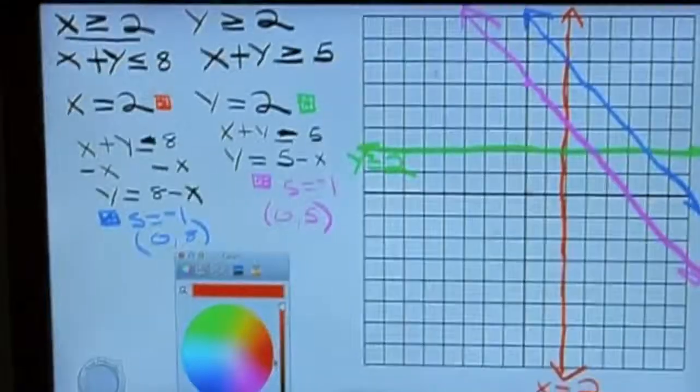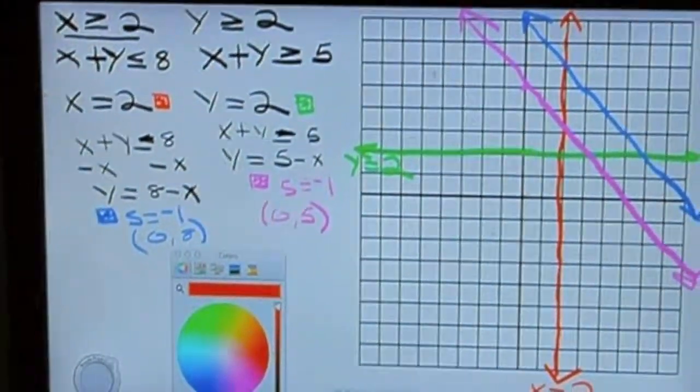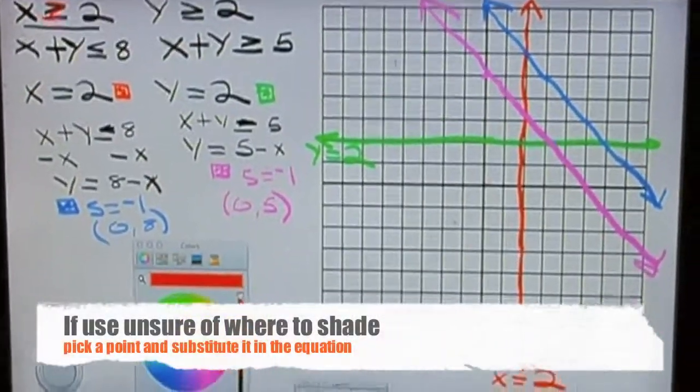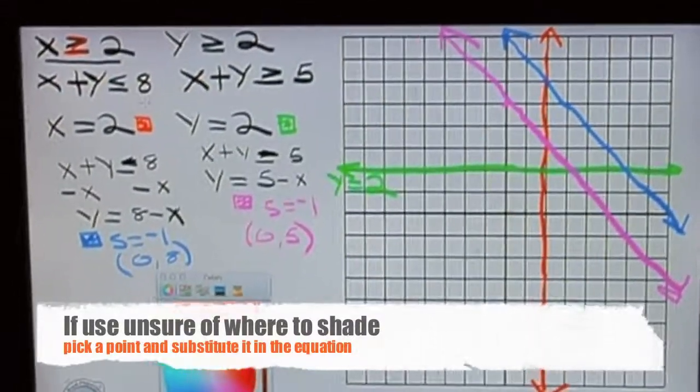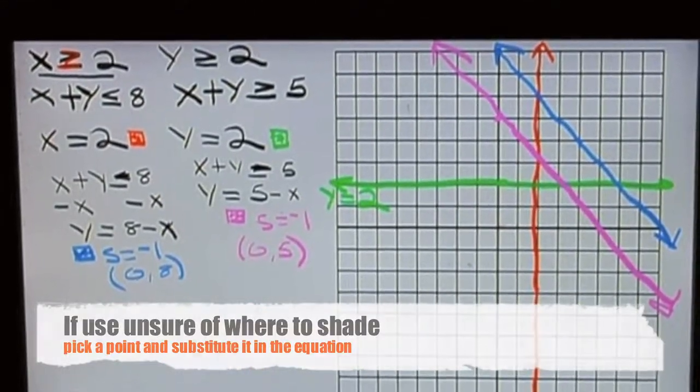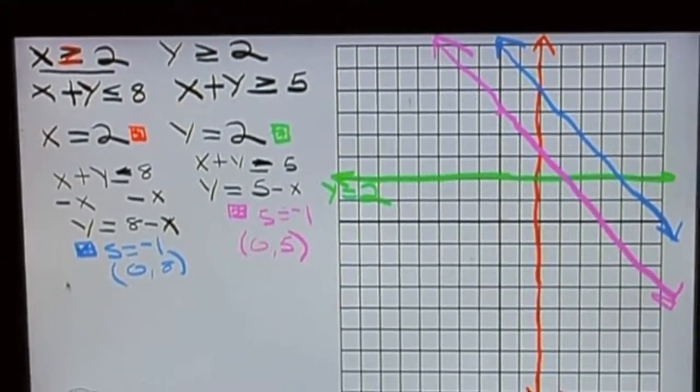Okay, for the equations that we have, such as x equals 2, you have to really go back to the beginning, x is greater than or equal to 2, and you pick a number that is on your graph. I like to use the ordered pair 0, 0, makes things easier.